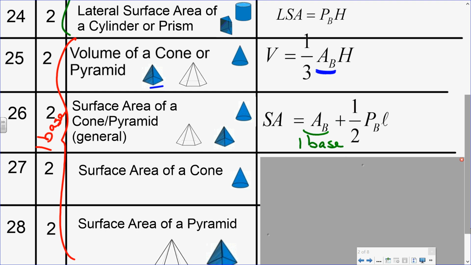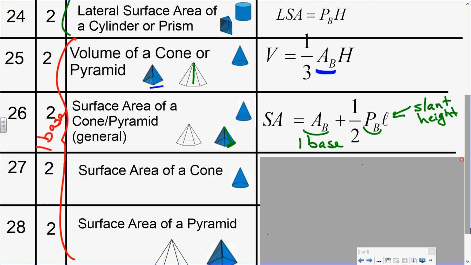The area of any one triangle would be 1/2, and then this base, and then the height would go down through the triangle. It would go out there to the side. That is called the slant height of the pyramid or the cone. The true height goes straight down to the middle of the base. The slant height is going down along one of those slanted sides.